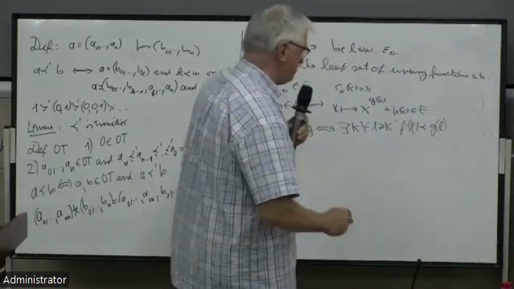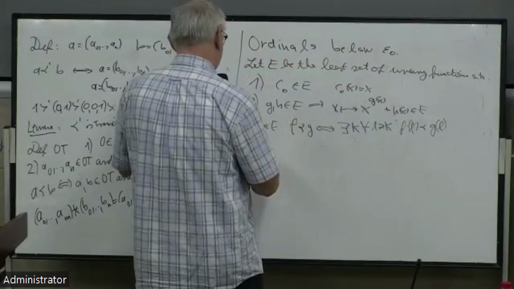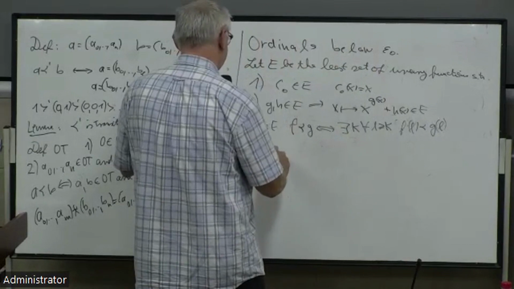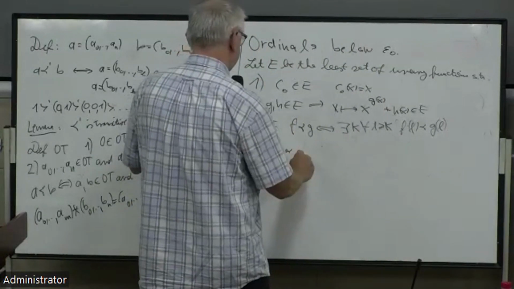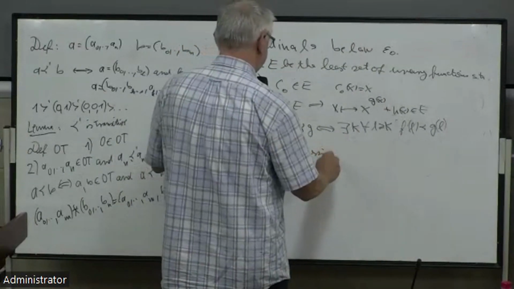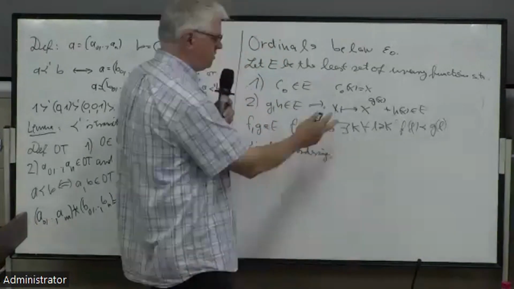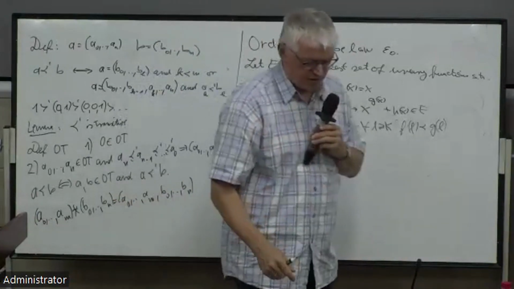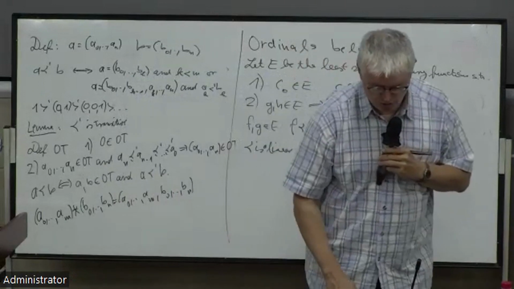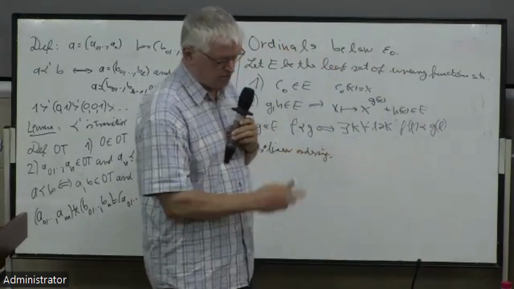One can show this is a linear order. And in fact, this set E with this ordering is isomorphic with our set OT.